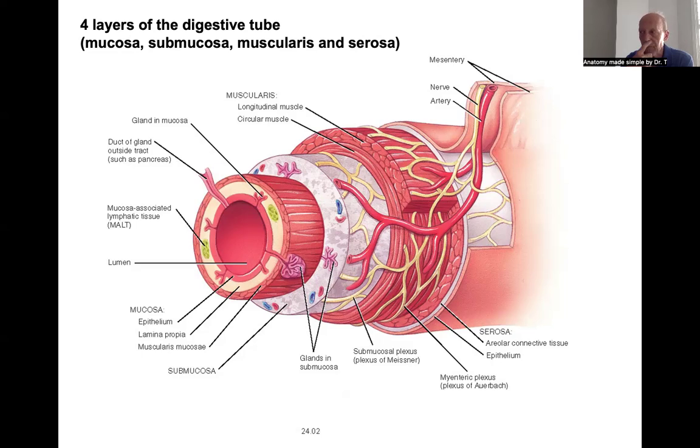Certainly, lots of mucosa-associated lymphatic tissue will be seen at the most common entry point, the mouth or oral cavity, where we have two palatine tonsils, the lingual tonsil, and even the pharyngeal tonsil, practically tonsils that are going to be the first line of defense if any microorganism or any kind of antigenic activity is detected.